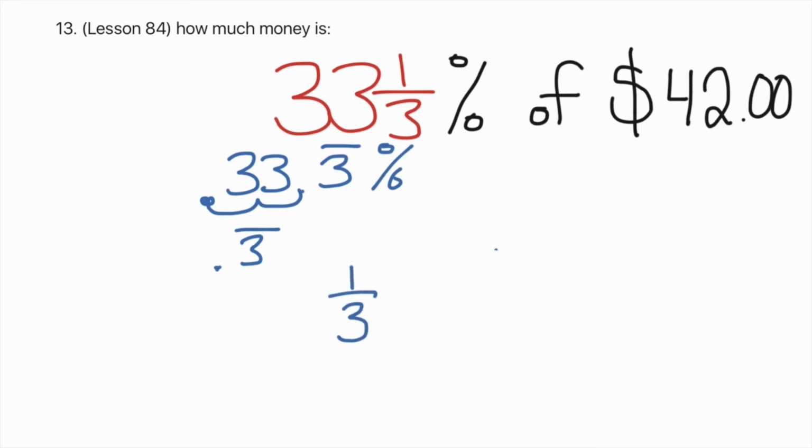Now we can easily take this 1/3 and multiply it by 42 over 1, and again we can cross reduce the 3 and the 42. So that becomes a 1, 42 becomes 14, and when we multiply across, we would get $14.